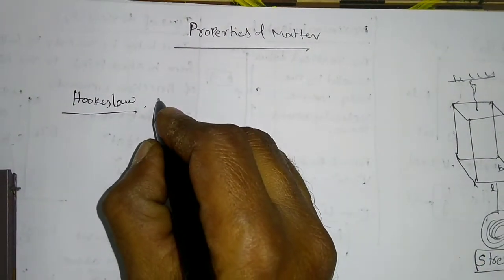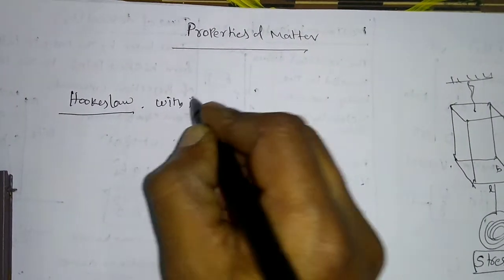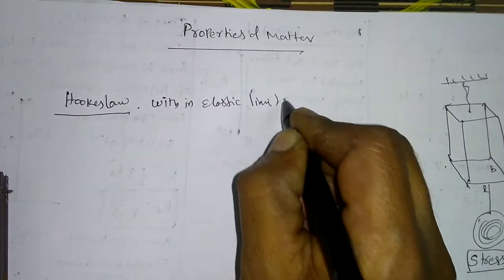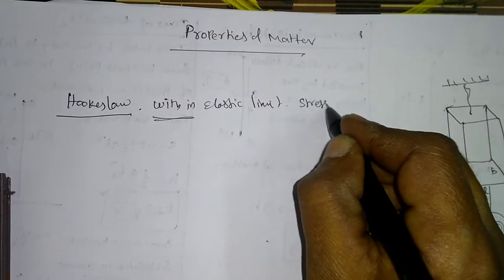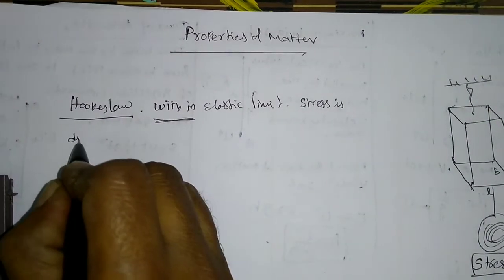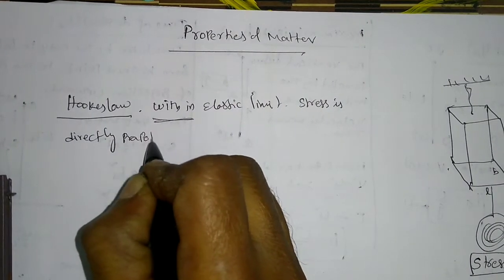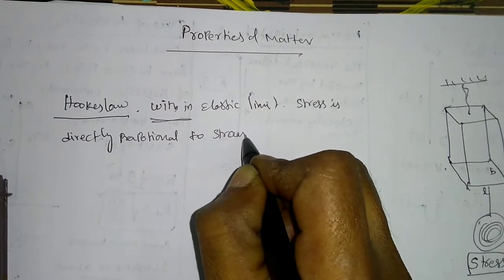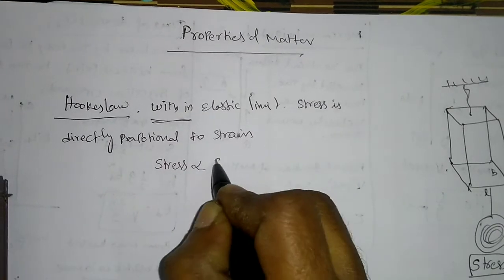So we can say the definition of simple Hooke's law is: within the elastic limit. This is important. Within is the important word here. Within the elastic limit, stress is directly proportional to strain. We can write it mathematically: stress proportional to strain.